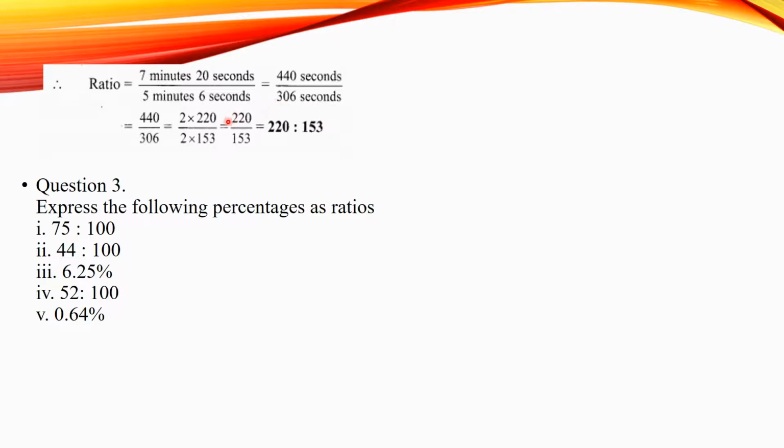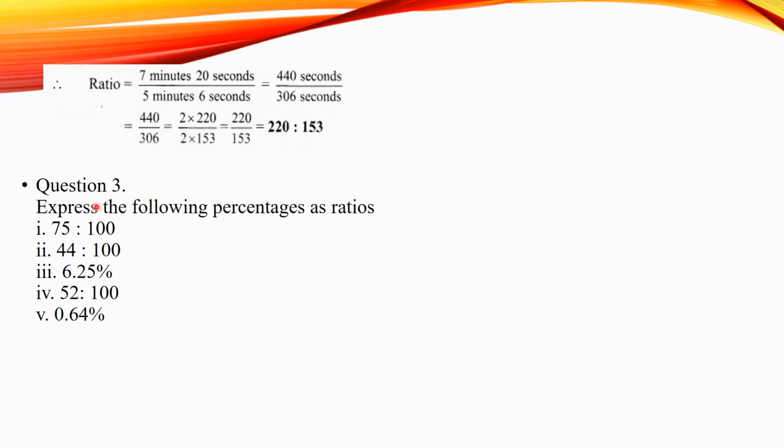Now we can factorize it. We get 2 multiplied by 220 and 306 as 2 multiplied by 153. Cancelling 2 from the numerator and denominator, we get 220 upon 153. So the ratio is 220:153.